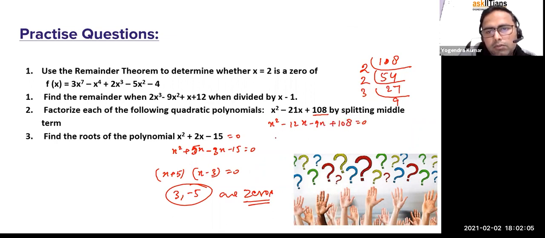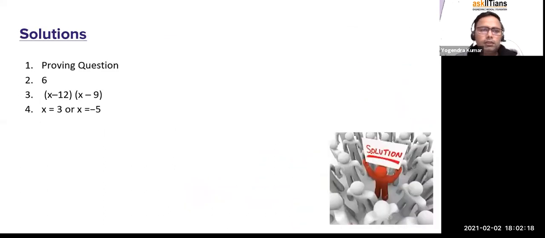Like this we can do. So x minus 12 and x minus 9, this is what we get. You can see 9 and 12 are zeros. They were not asking for zeros in that case, they were just asking for the factors. We can do this easily.